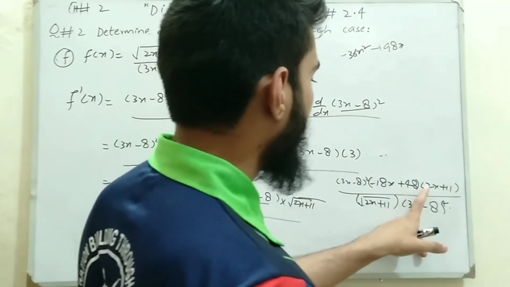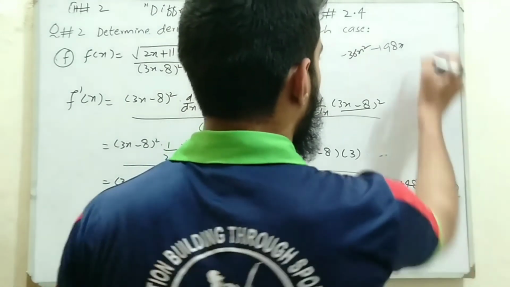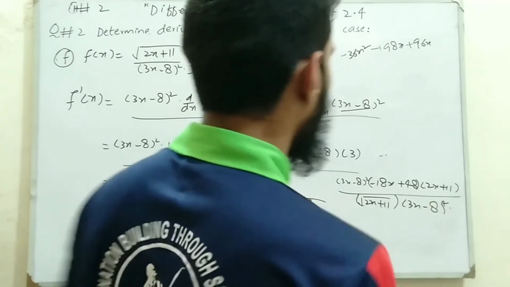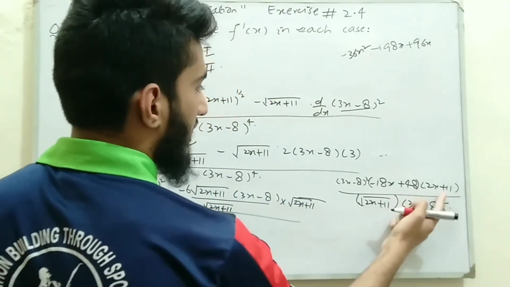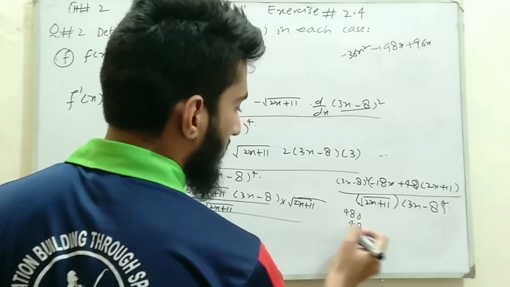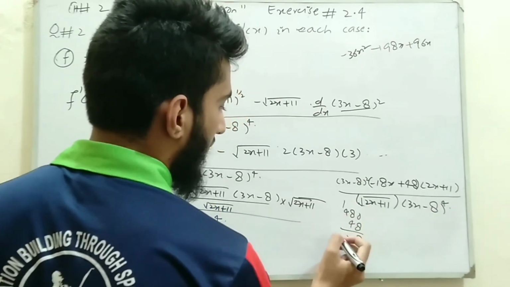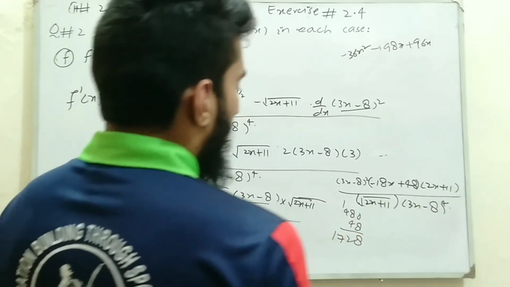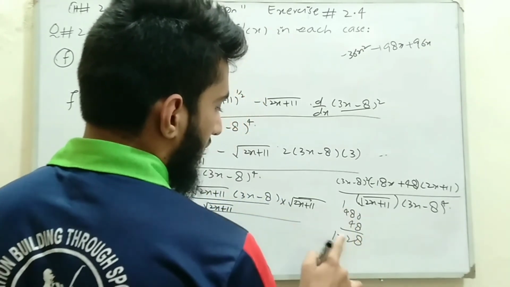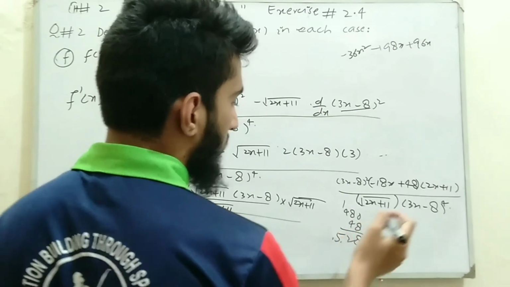And 48 multiply 2 will give us a value 96x. And 48 multiply 11. So 48 multiply 10 gives us 480, and after this again add 48, which gives us 528.